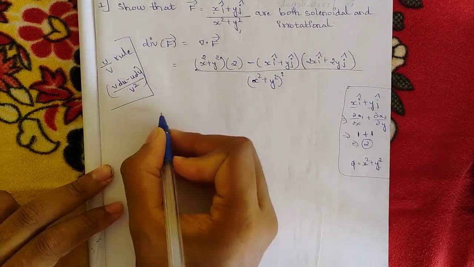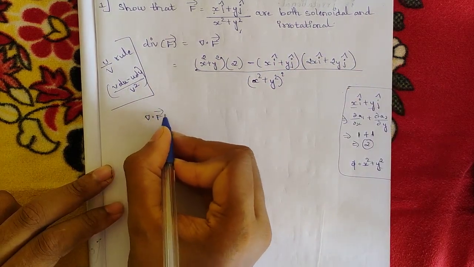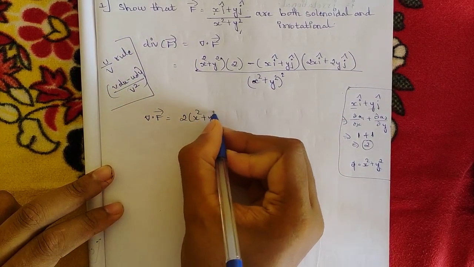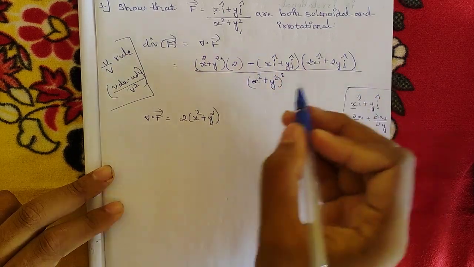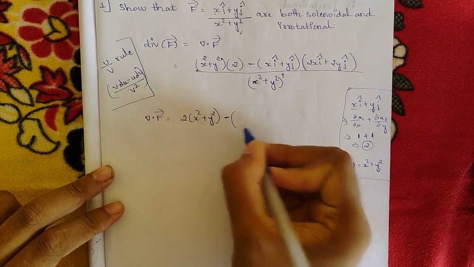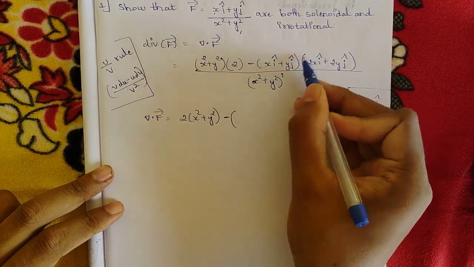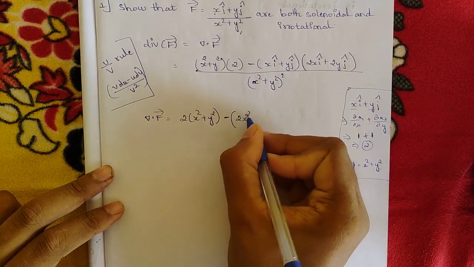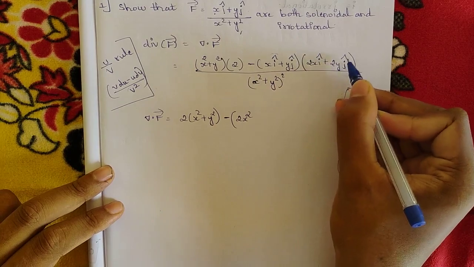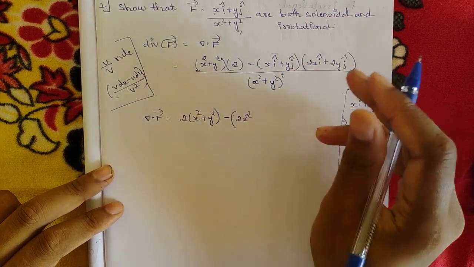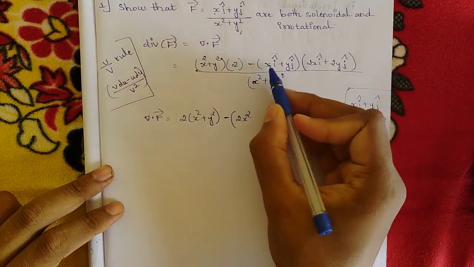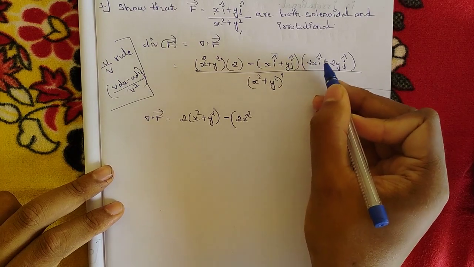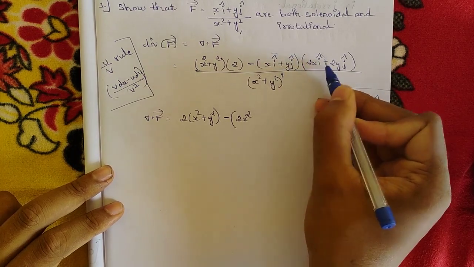So these two are getting multiplied, so del dot f vector is equal to 2 times x square plus y square. Now do this multiplication part, minus of x i cap into 2x i cap, that is i cap is 1, so x into 2x is 2x square. Then x i cap into 2y j cap, so i cap into j cap, those two are different unit vectors, so the product is 0, so these terms are 0. Similarly y j cap with 2x i cap is 0 because i and j cap are different vectors.